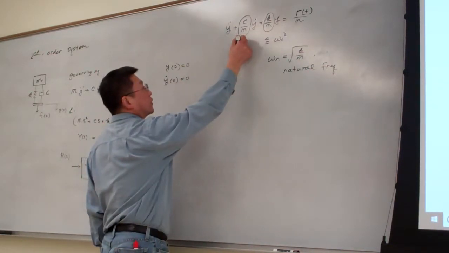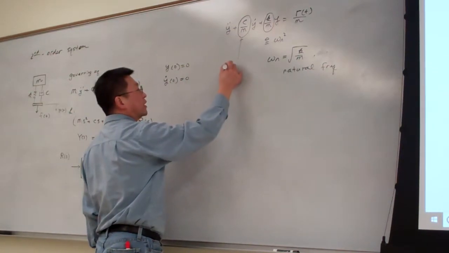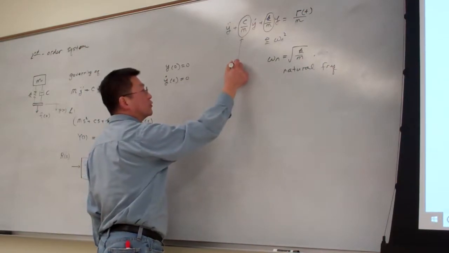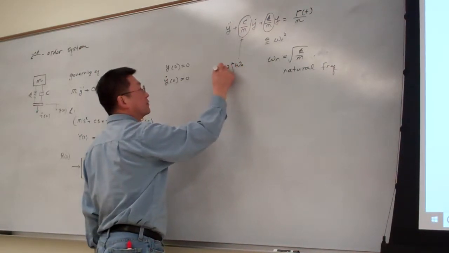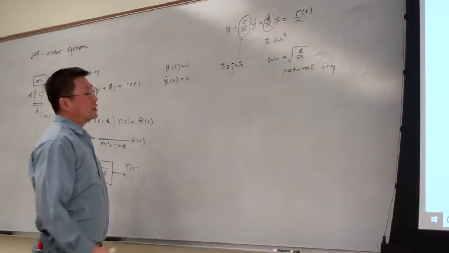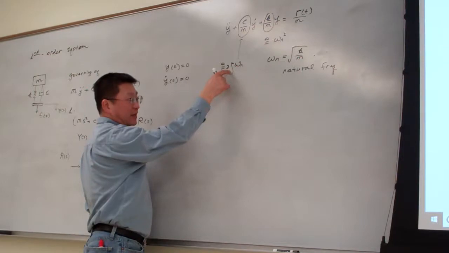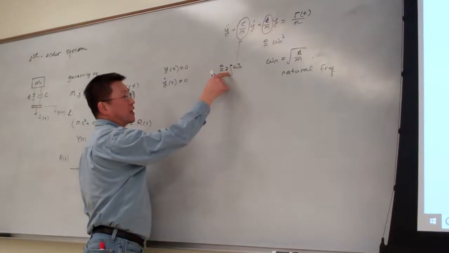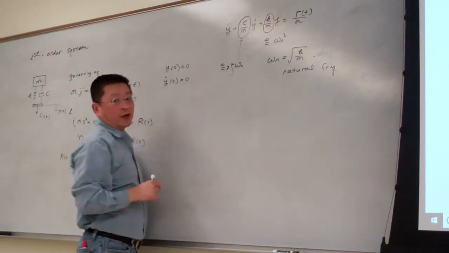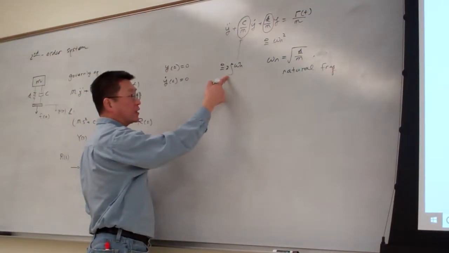And then in this way, for this term, we simply make it equal to zeta times omega n. Okay, so here we find zeta such that 2 zeta times omega n equal to c over m. So in this way, you can calculate zeta.